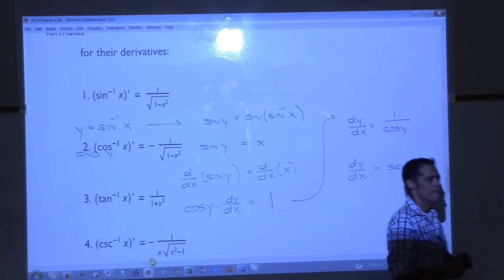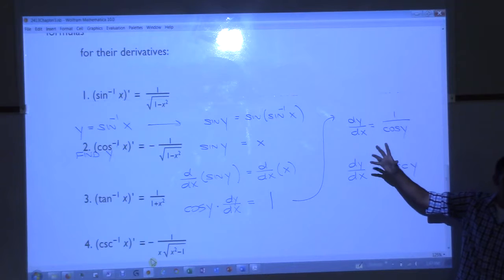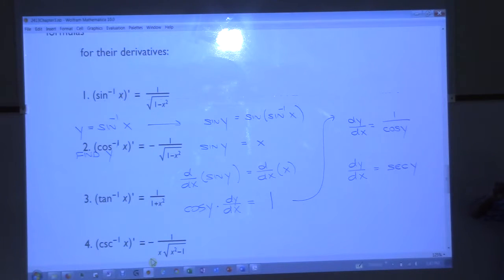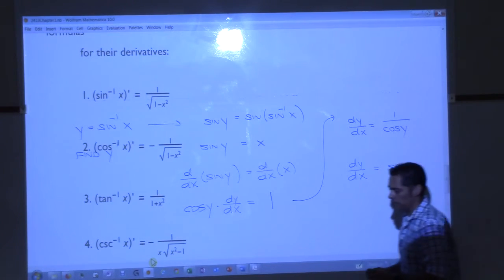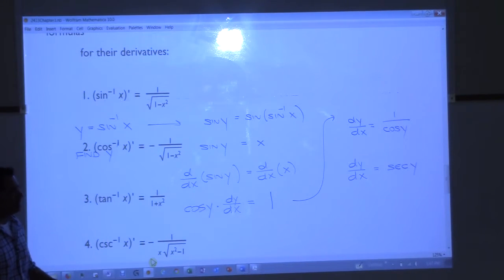So this is in terms of y, isn't it? This answers in terms of y. That answer should be in terms of x. Somehow, I need to get this in terms of x instead of y. Understand? So here's how I'm going to go about doing it. I'm going to use a reference triangle. And those of you going on to take Cal 2, reference triangles come into play quite a bit.